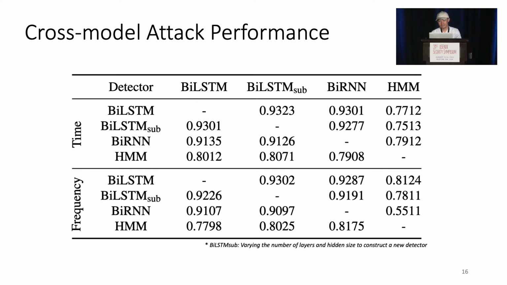Next, we consider an even more challenging scenario. In this case, the adversary does not even know the model, so he needs to exploit the transferability between different models. He will have to optimize for one model and then attack a different model. So this table represents the confidence scores between each pair of models.